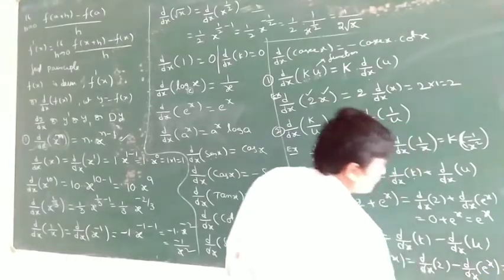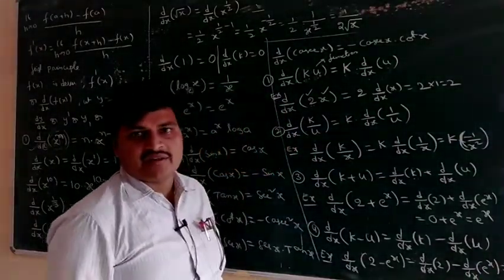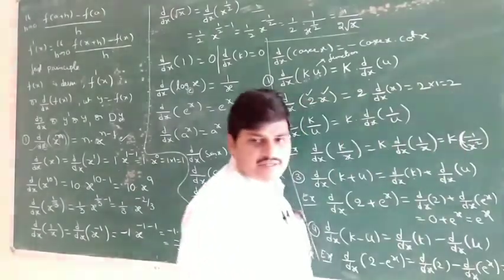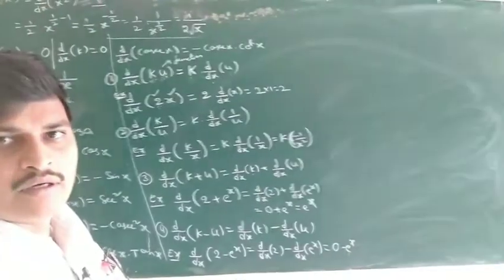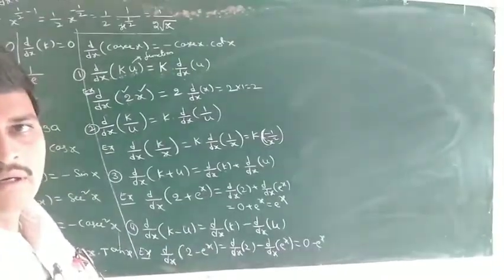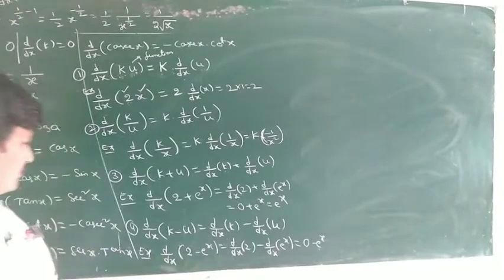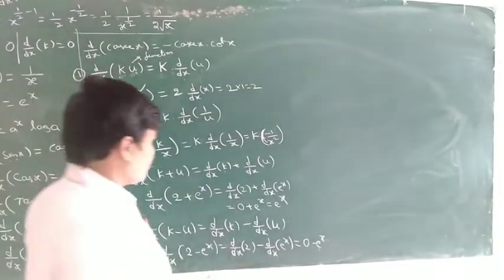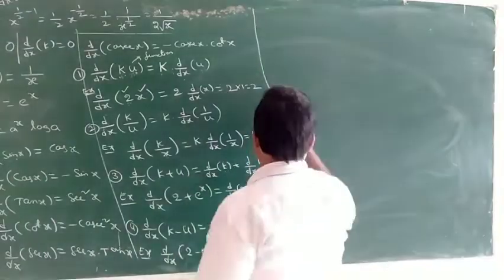The derivative of 2 is a constant, derivative of 2 is 0, minus derivative of e power x, e power x. Derivative of 2 minus derivative of e power x, this one.